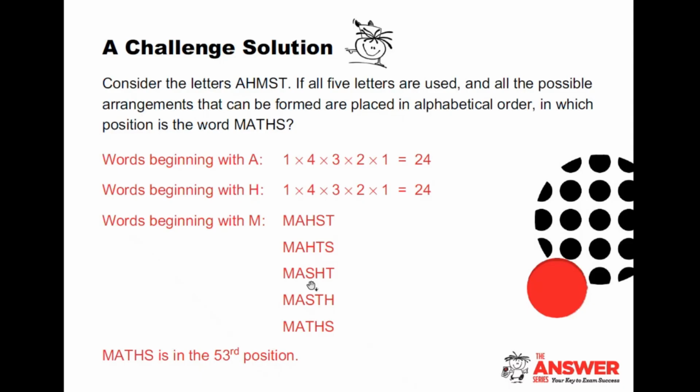S. Alphabetically must then be H, then T. Then it's M-A-S, then T and H. Keep M-A, the next one in alphabetical order is T, and I'm left with the H and the S, which is the word I want. So it's 48, 49, 50, 51, 52, 53. It's in the 53rd position.